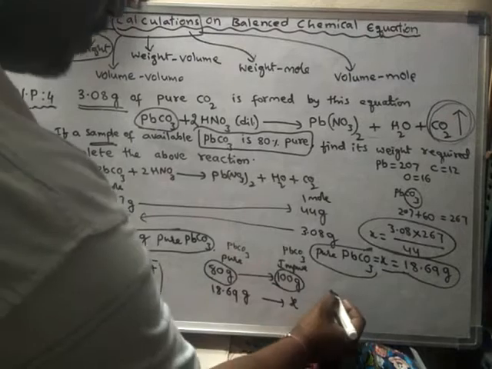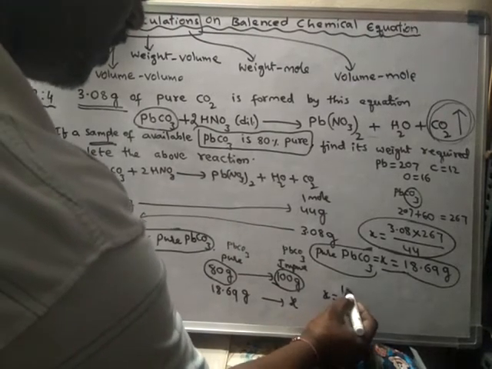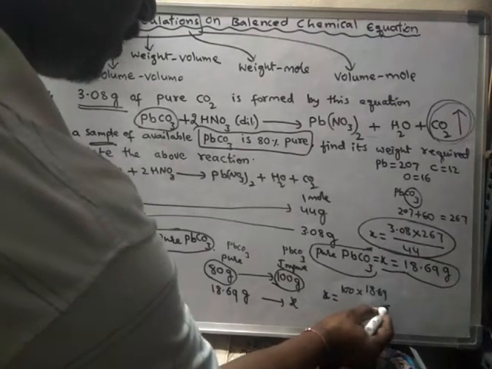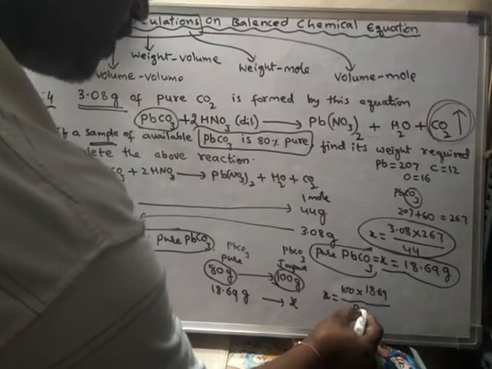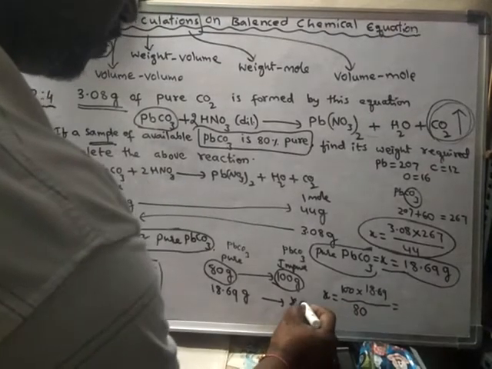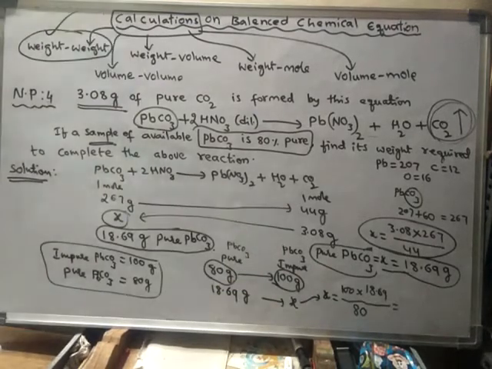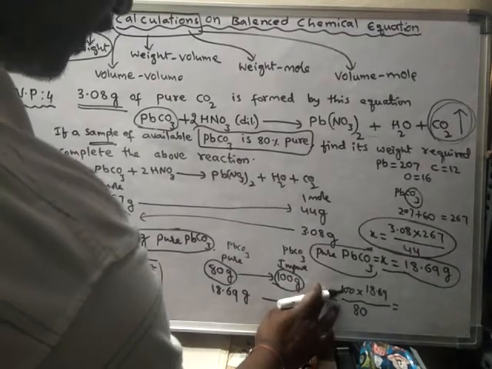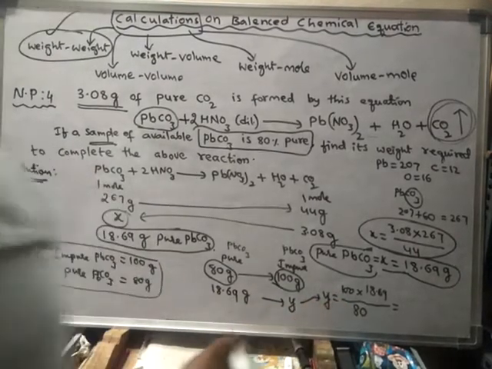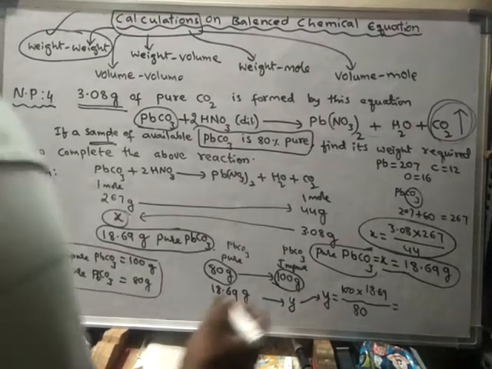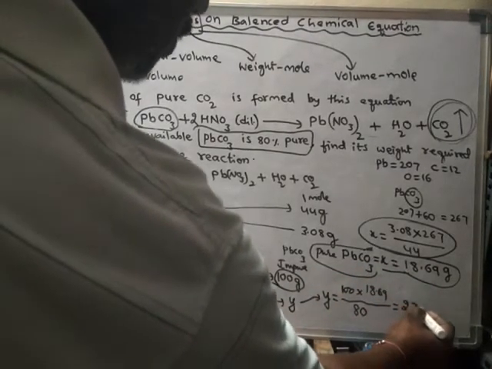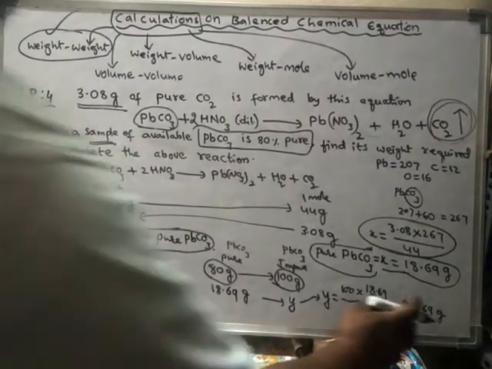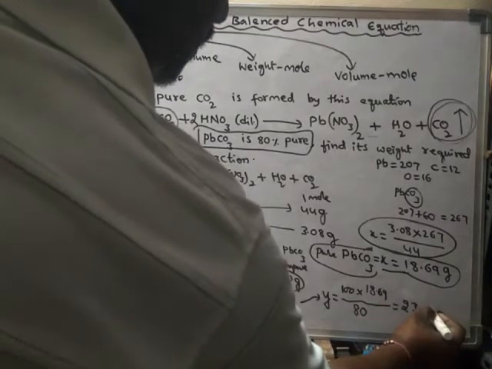To solve this, again X, or else we will write a Y here, will be equal to 100 into 18.69 divided by 80. So it will be equal to 23.36 grams.